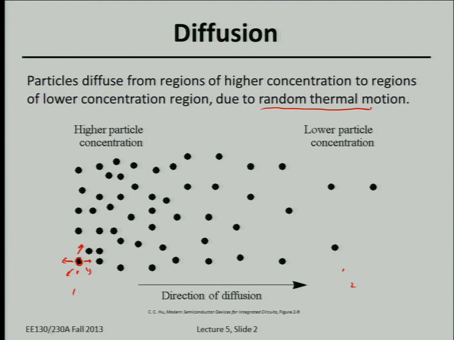If I keep track of many carriers over a sufficiently long time, what do I see?